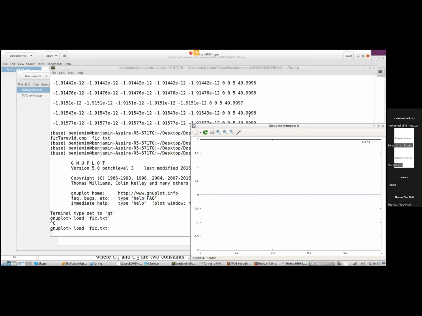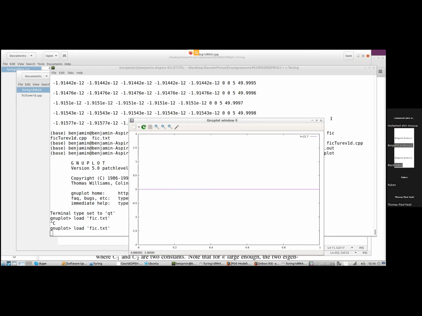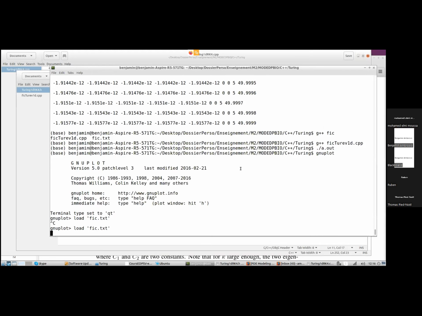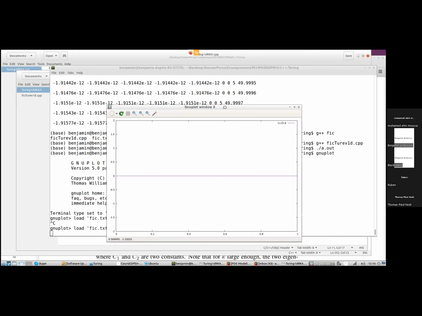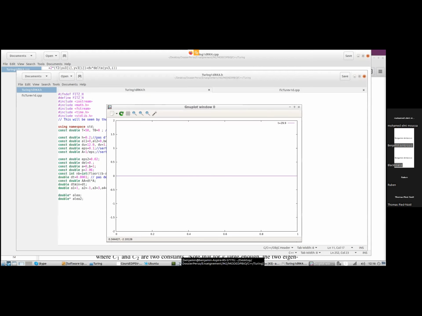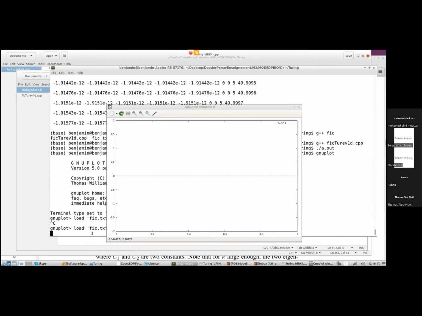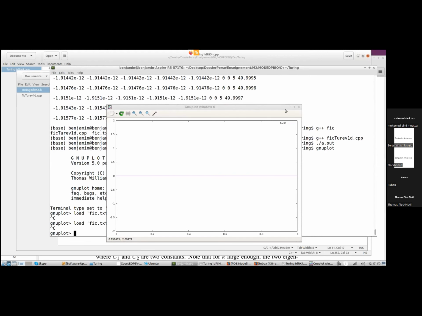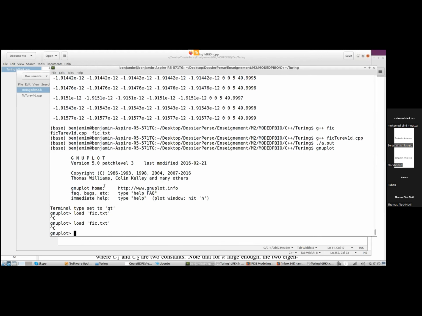All right, now I will decrease the value of sigma. And if I decrease the value of sigma, oh yeah, I know what I did. So sigma 1 is lambda k minus 1.